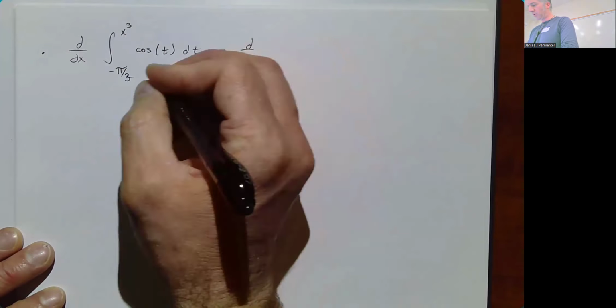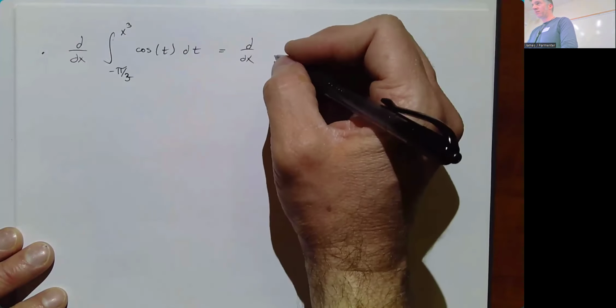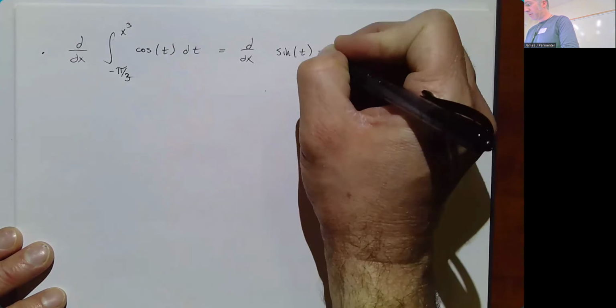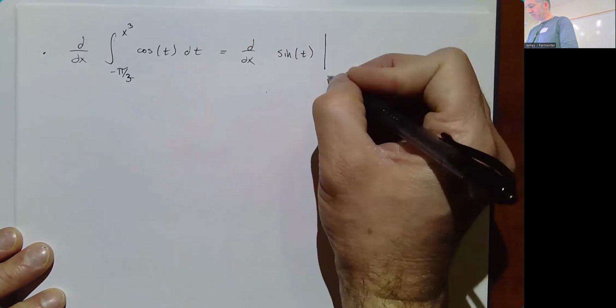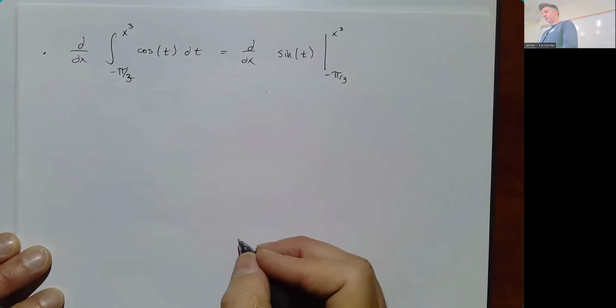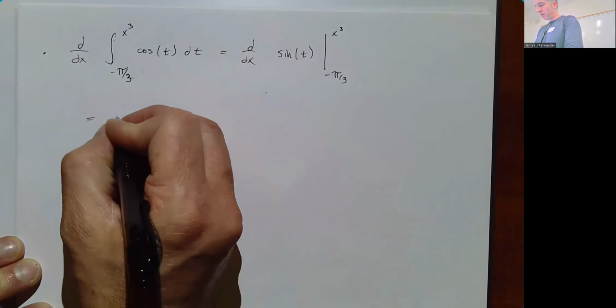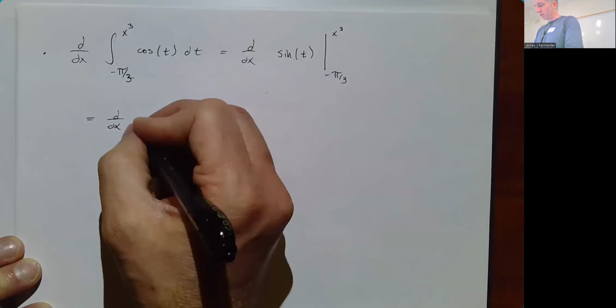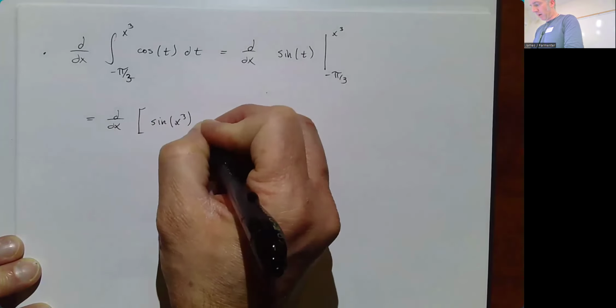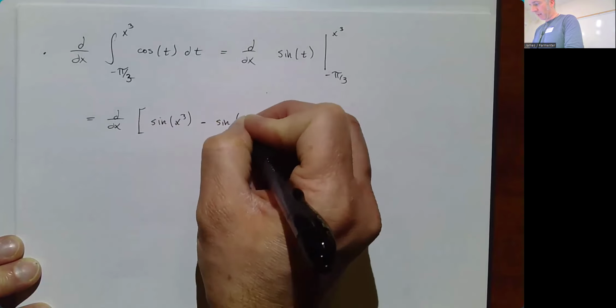Okay, so we're going to anti-differentiate cosine. We're going to get positive sine evaluated between negative pi over 3 and x cubed. We're going to plug in, always the top first. So it's going to be sine of x cubed minus sine of negative pi over 3.